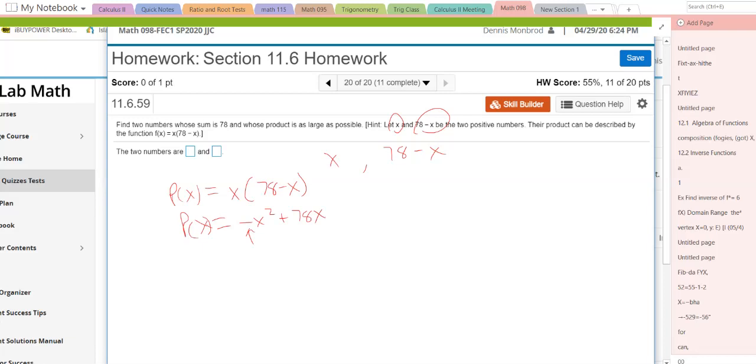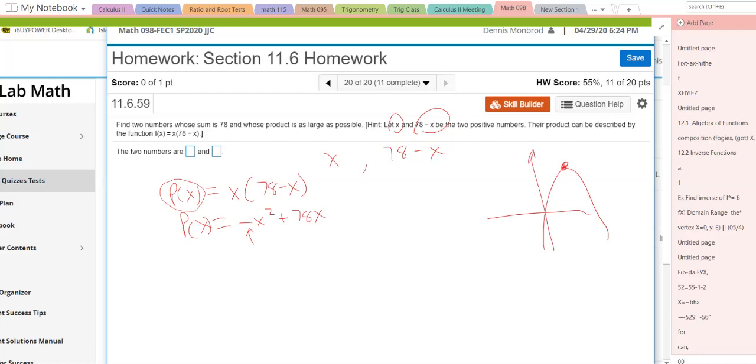That vertex's x coordinate will give us the maximum product P. So in other words, it'd be somewhere over here maybe, coming down like that.